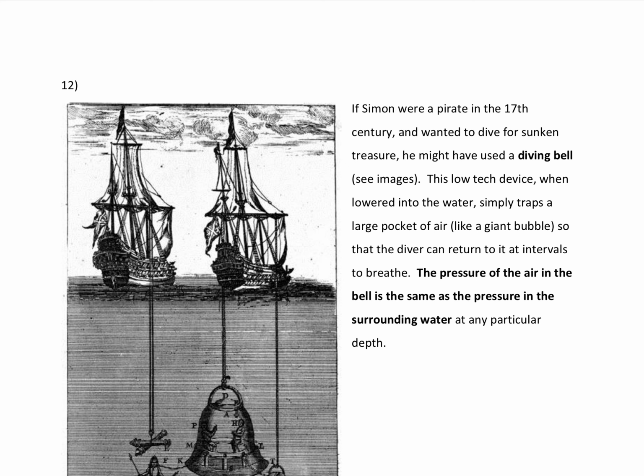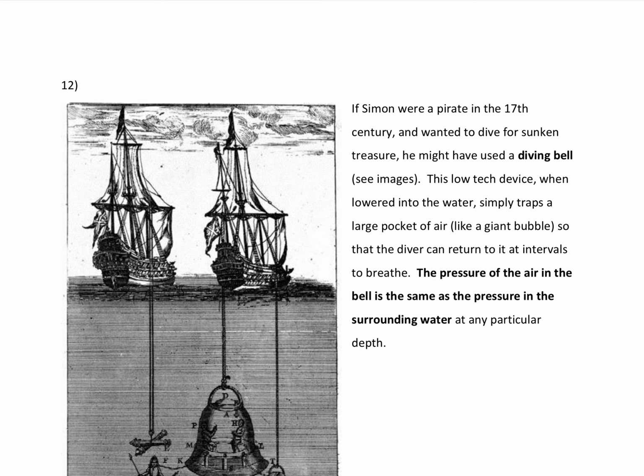The pressure of the air in the bell is the same as the pressure outside at any particular depth. So the pressure at this point, you could say, is the depth outside. And okay, you could say, well, it's got a different depth, and you could argue there'd be a different pressure in there. However, in the question, you don't need to worry about that.